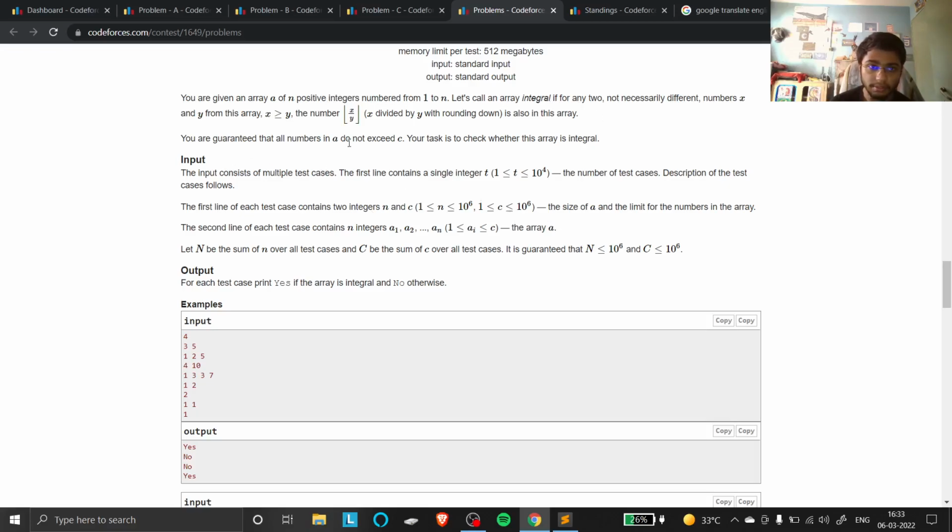You are guaranteed that the number... Now, given an array of elements. Okay. You are guaranteed that all numbers A do not exceed C. A limit is also given to us. Max number.